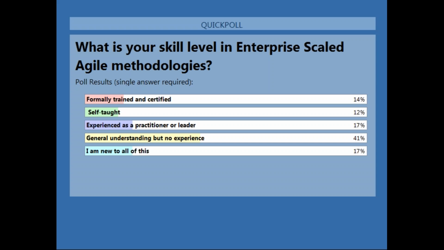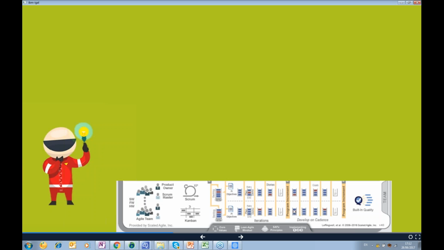Okay, so I will touch on that a little bit, and I will try to explain what SAFe means. Actually there are 4 layers in the SAFe methodology. The first layer is the team layer. We have a team, a squad, which is a combination of R&D, QA, Scrum Master, Product Owner.